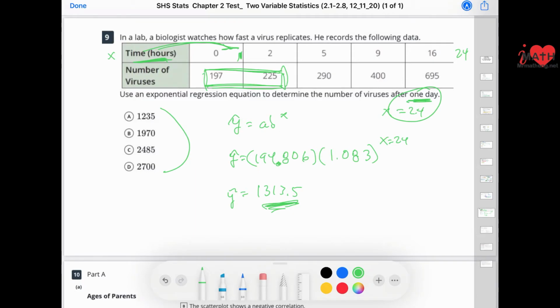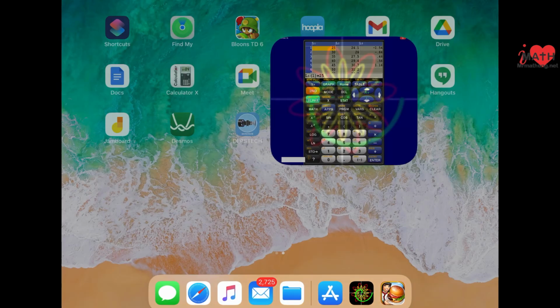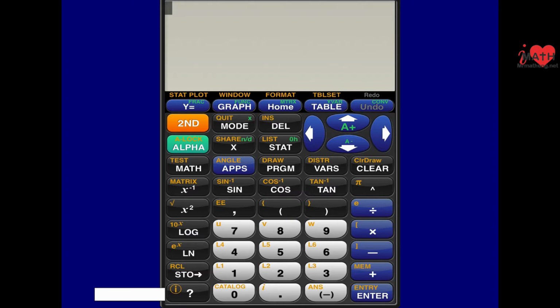Okay, this number is using the table value. Of course it's not close to that number, it's close to that number. So let's go ahead and put this into my calculator. Take a picture and I can actually do this. Don't quit on me now. All right, 194.806, 1.083, caret 24.